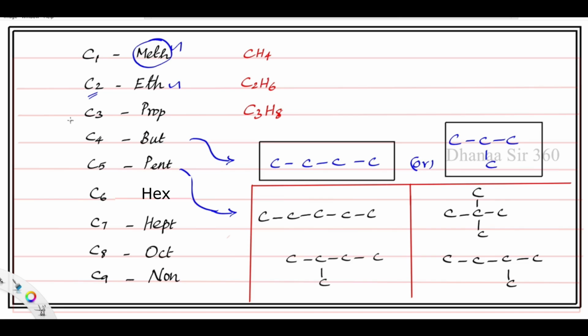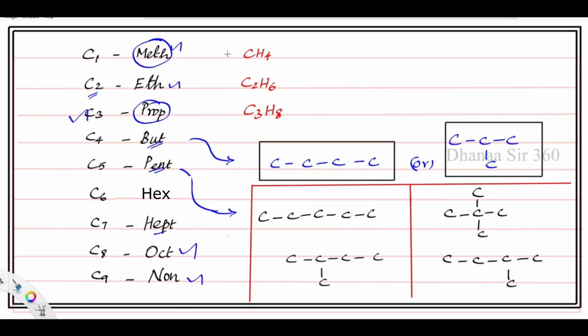Similarly, for three carbons we have the root word prop. C4 is called but, C5 pent, C6 hex, C7 hept, C8 oct, C9 non. If C10, we get dec, and so on.